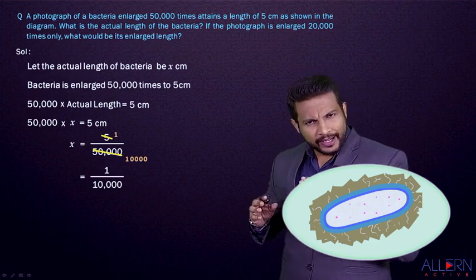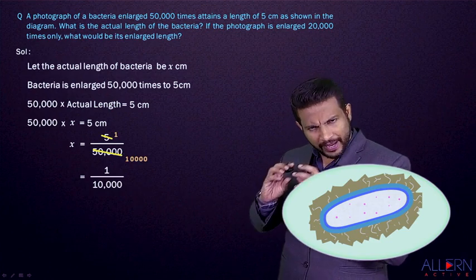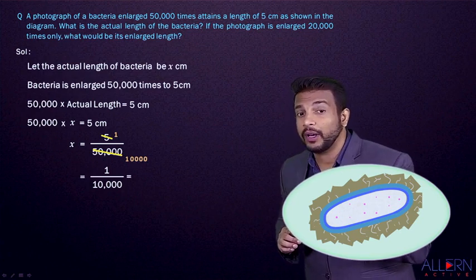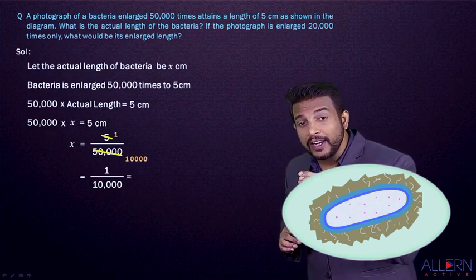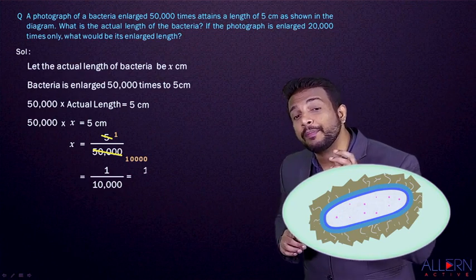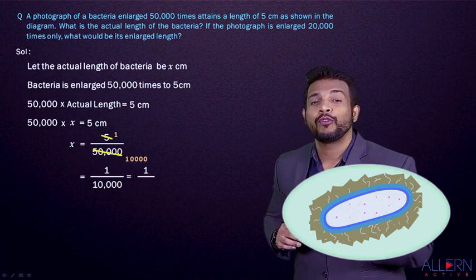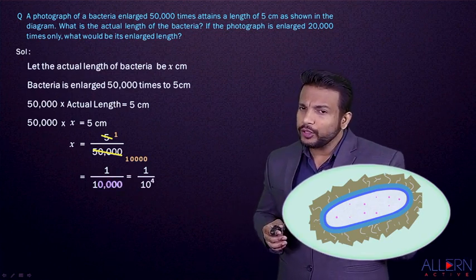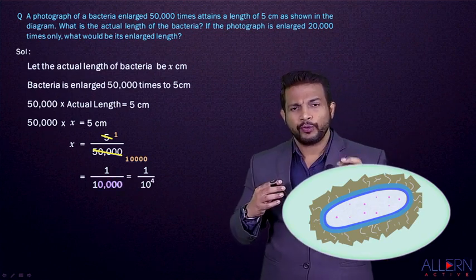Now let's write in the form of base and power. So that means we can write 1 upon 10,000. 1 upon 10,000 is nothing but 10 into 10 into 10 into 10. That means it is 10 raised to 4, isn't it? That is what we write here. So 1 upon 10 raised to 4. Now take the 10 raised to 4 in the numerator.